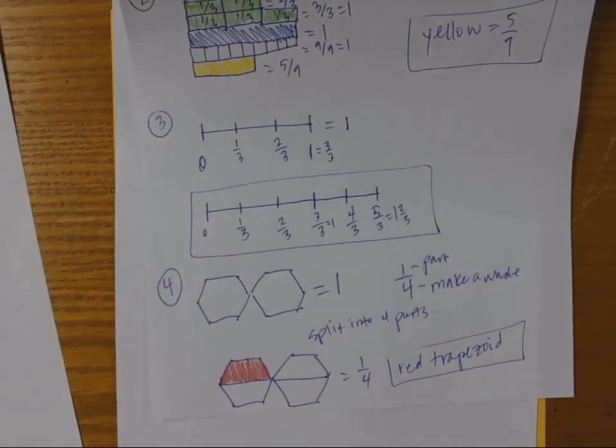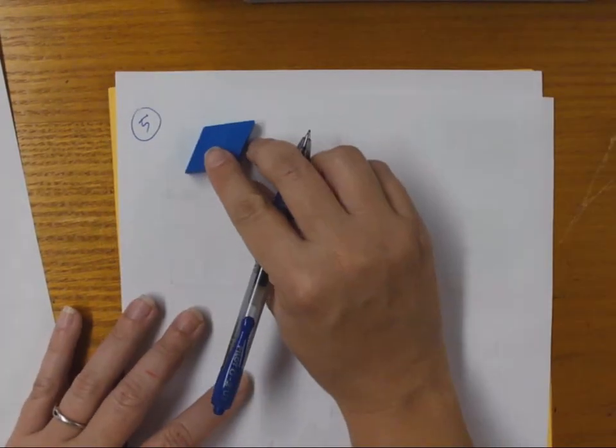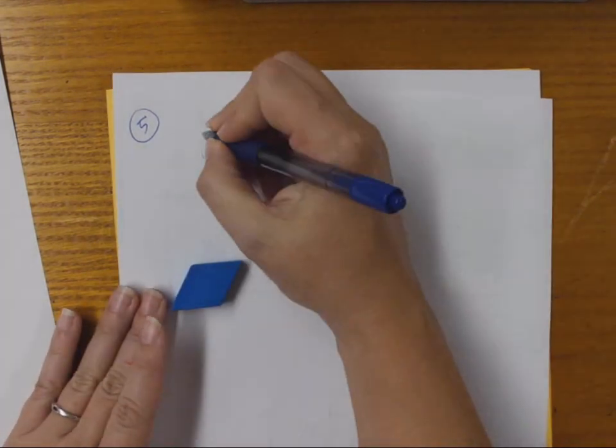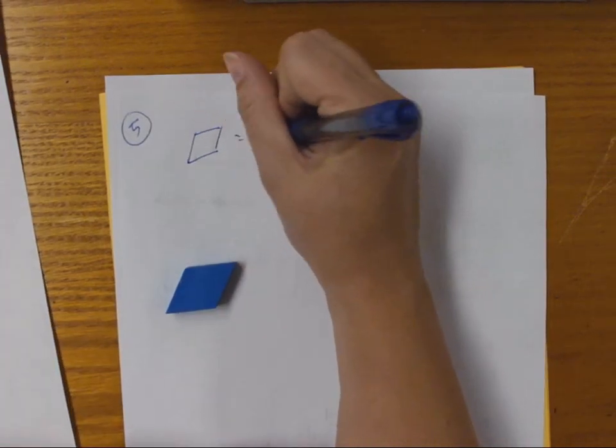Okay, for number 5, it says the blue parallelogram is 2/3 of the unit. Let me turn this over. The blue parallelogram is 2/3 of the unit. What is 5/6 of the unit? So let me draw my parallelogram. This is 2/3.